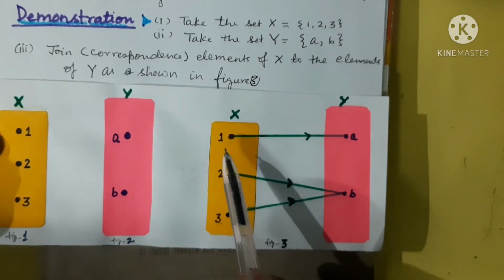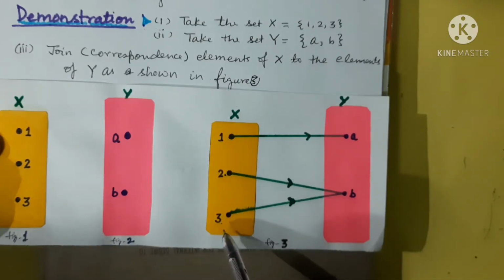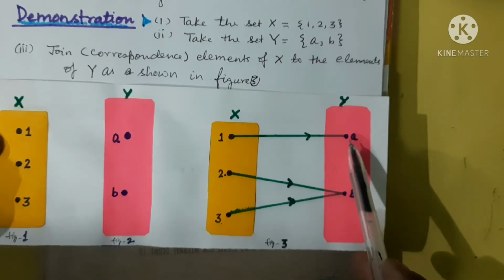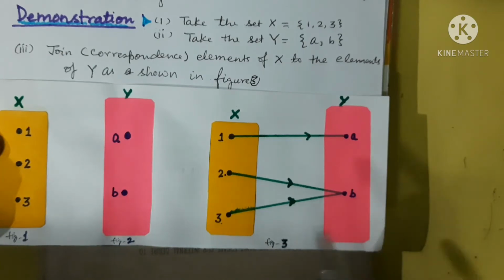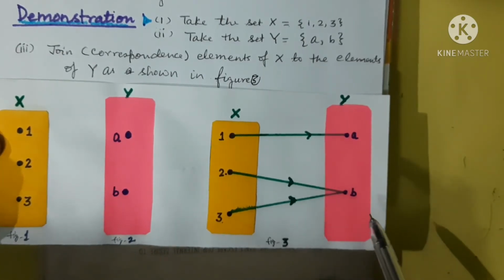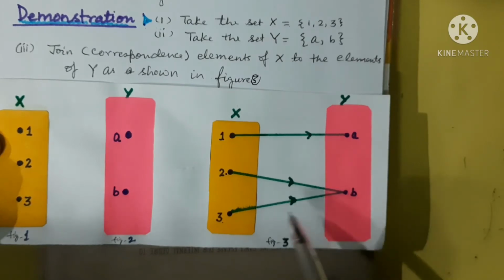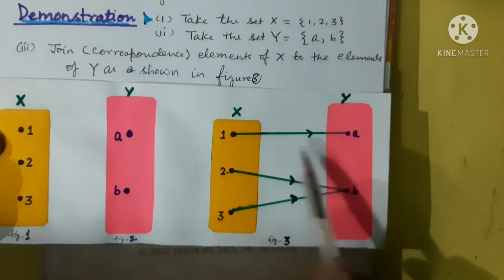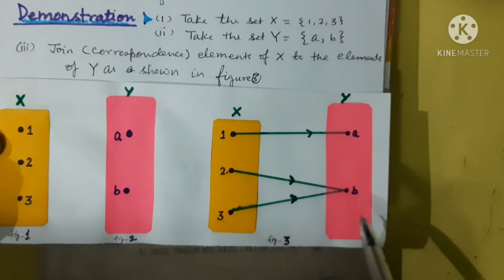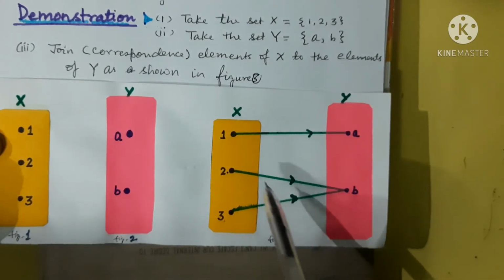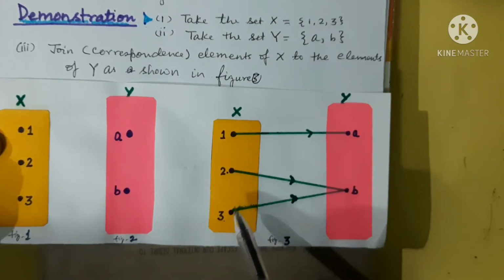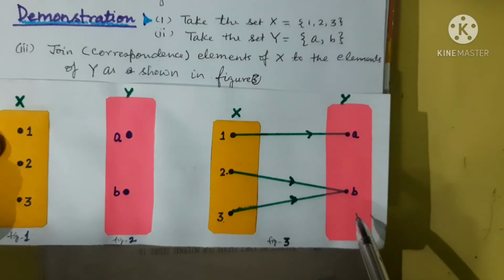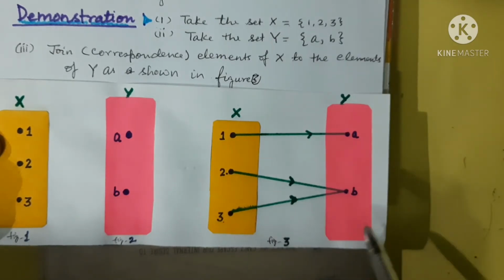And since each element of set X has an image in Y, and each element of set Y has a pre-image in set X, this function is also known as the onto function. It means this mapping is many one onto. This function is many one onto, or we can say this is not one-one but it is onto.